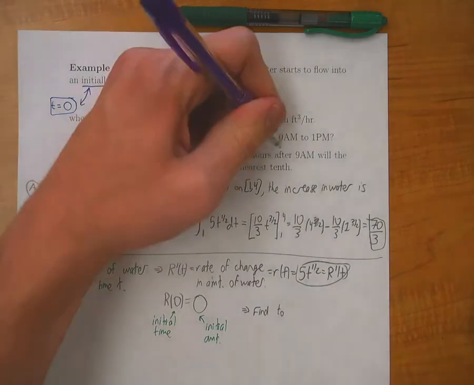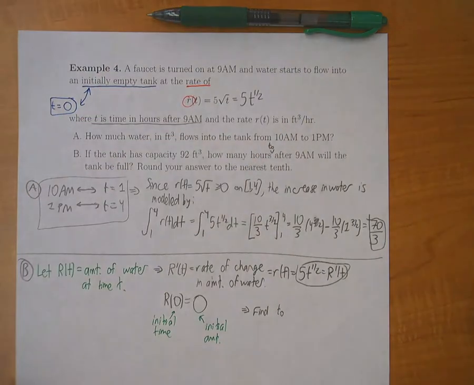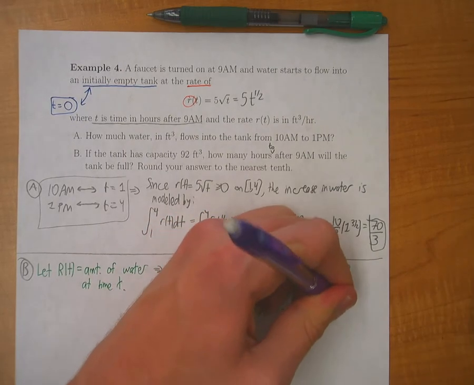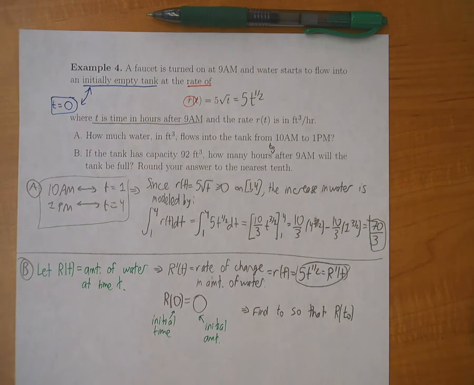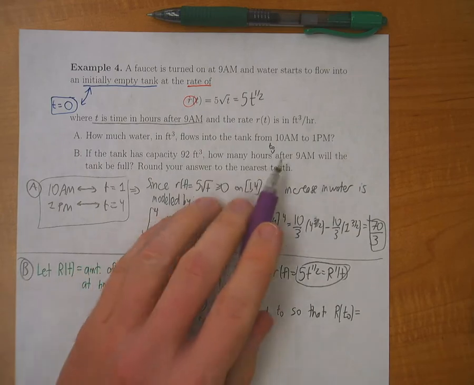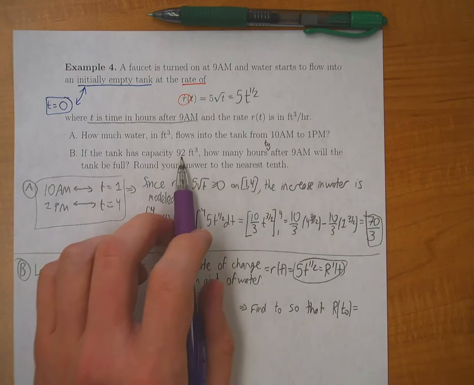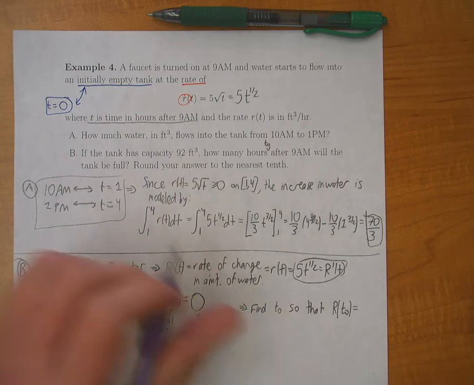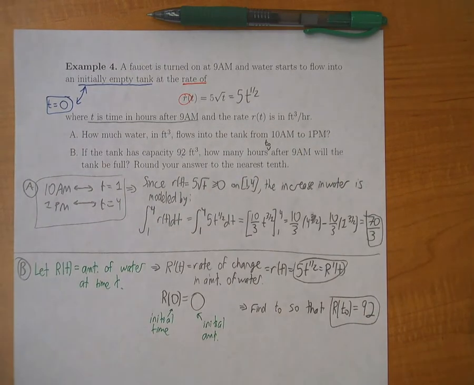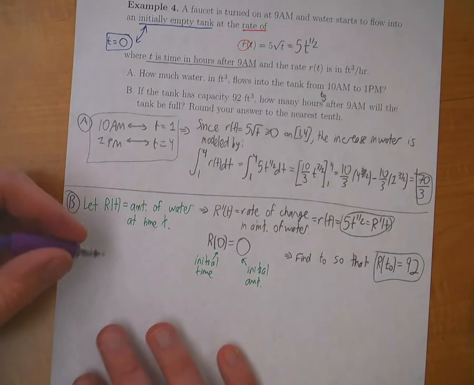If we denote the desired amount of hours by t naught, then we want to find t naught so that when we plug it into our amount function, capital R, the tank is full. In this case, we want to figure out when it hits 92, so we need R of t naught equals 92. Okay?